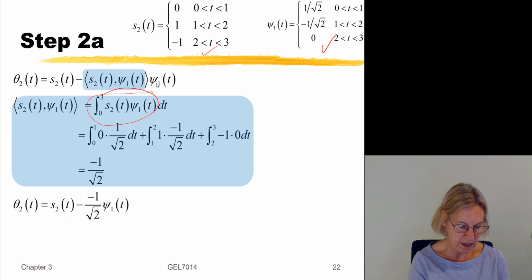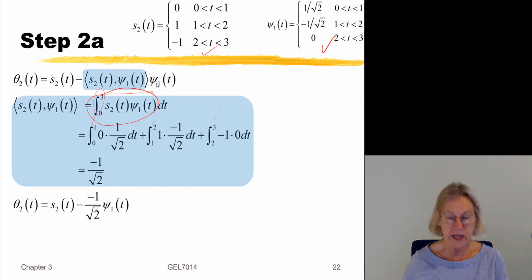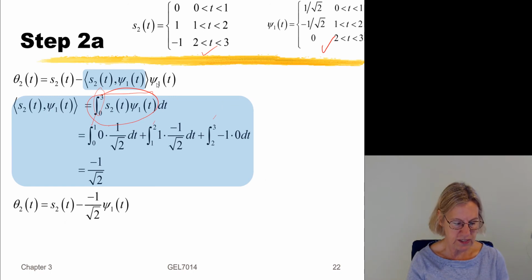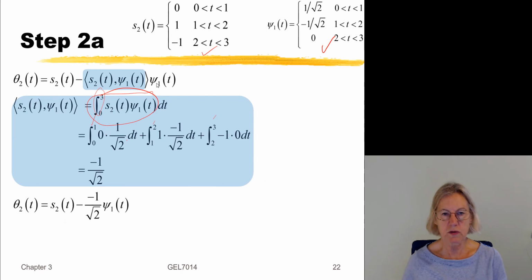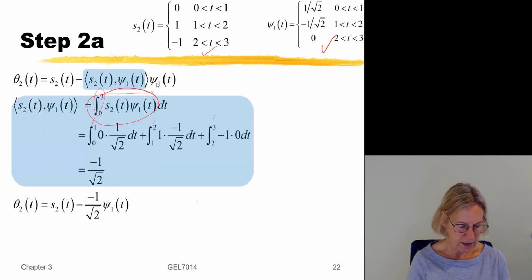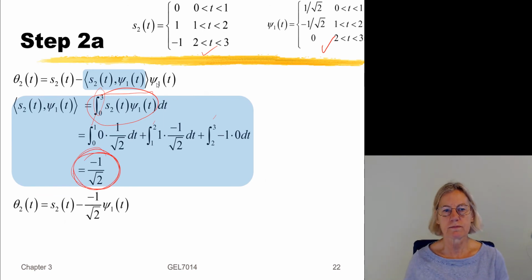So I break up the integral from 0 to 3 into the 3 sections, 0 to 1, 1 to 2, 2 to 3. And in each one of these integrals, I substitute in the value for each one of these functions during this interval. So S2 is 0 here, C1 is 1 over the square root of 2, etc. So now I just do the mathematics, and I arrive at the projection being -1 over the square root of 2.